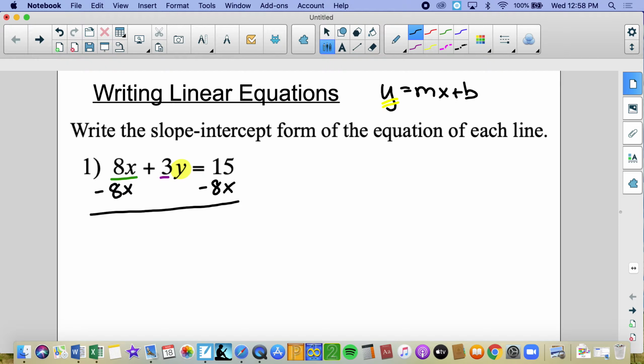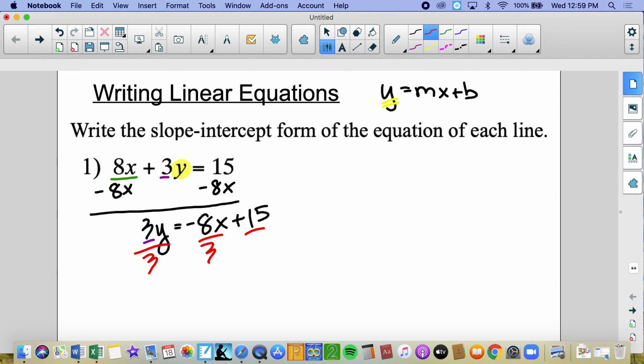When these cancel, that leaves me with 3y on the left side, and on the right side will be negative 8x plus 15. Those are unlike terms, so we cannot combine 15 and negative 8x. And now we're close. Now we have to get rid of that 3 that is multiplying it, and the inverse of multiplying is dividing.